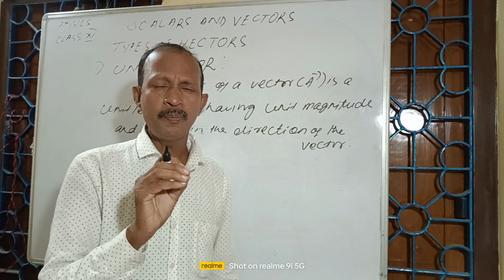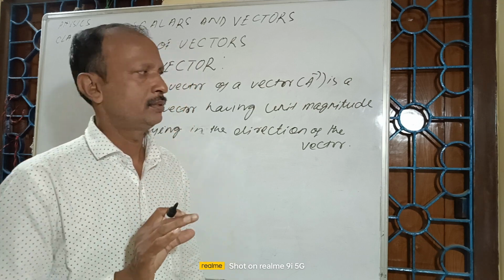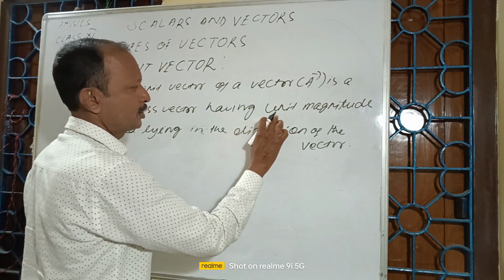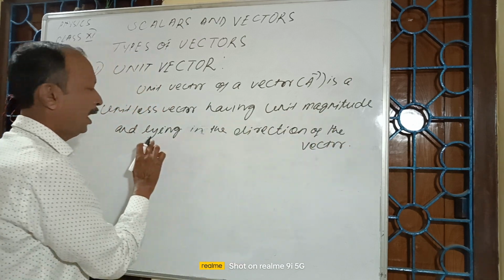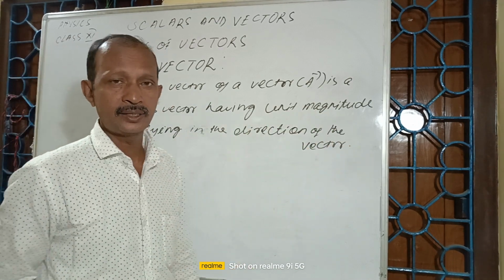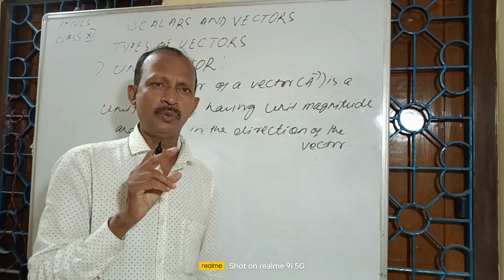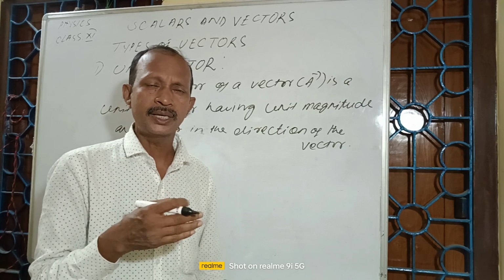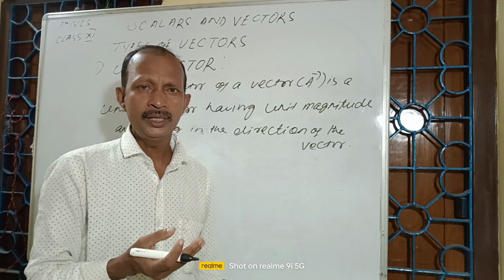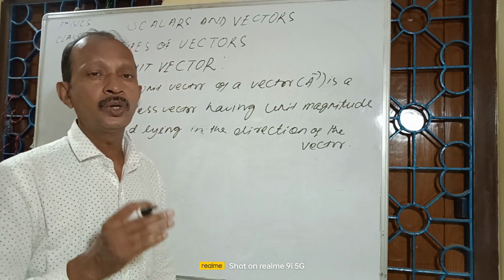It only represents the direction. I mentioned that it has unit magnitude and lies in the direction of the vector. That means this vector's magnitude is 1, so I can say that it only represents the direction.